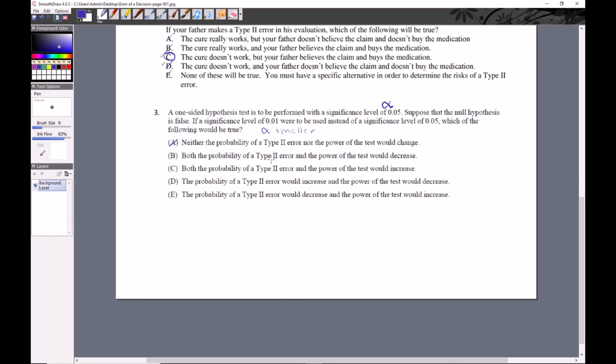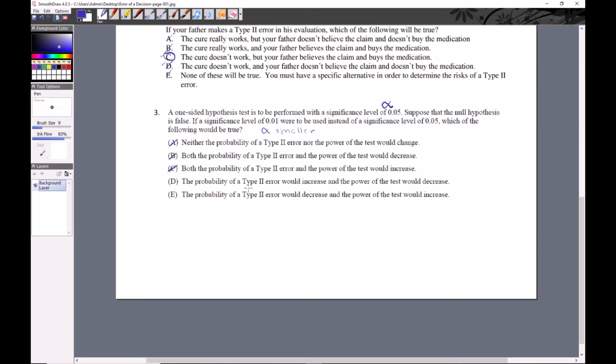Both the probability of a type 2 error and the power of a test would decrease. They cannot decrease at the same time because if a type 2 error goes down, then the power should go up. Let's try C. Probability of a type 2 error and the power of the test would increase. Nope, they can't do the same thing together. They have to be in opposition.